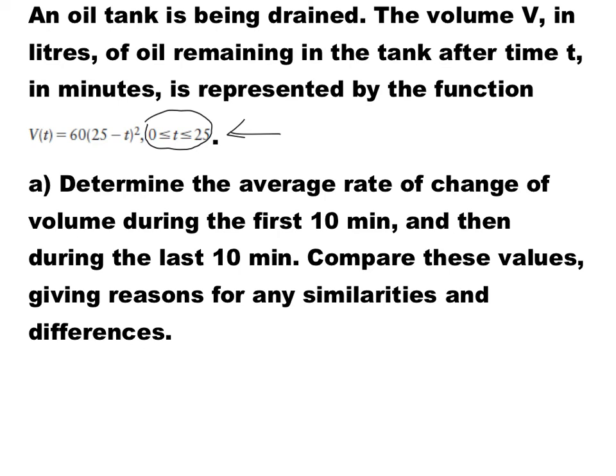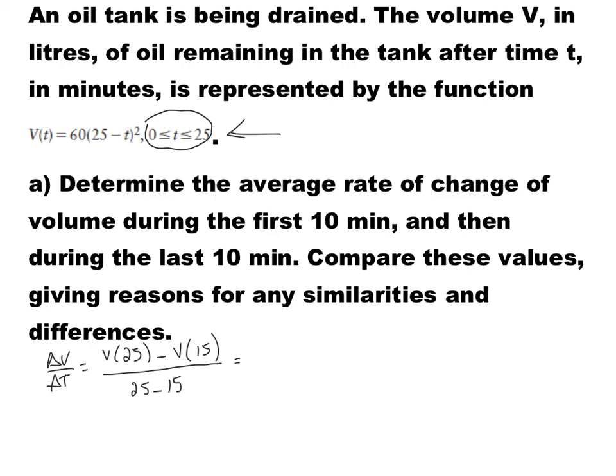To find the average rate of change for the last 10 minutes, we have to find delta V over delta T between the last 10 minutes, so 15 and 25. So it's going to be V of 25 minus V of 15 divided by 25 minus 15.